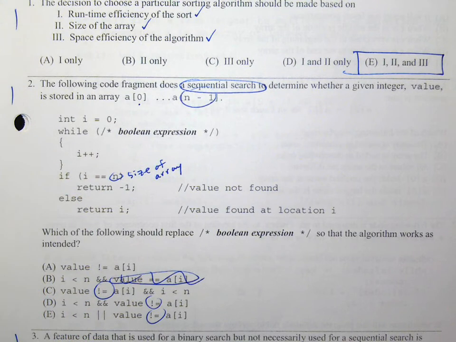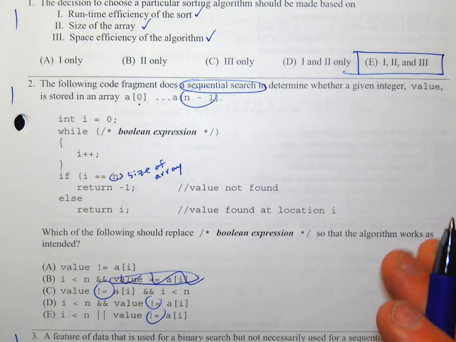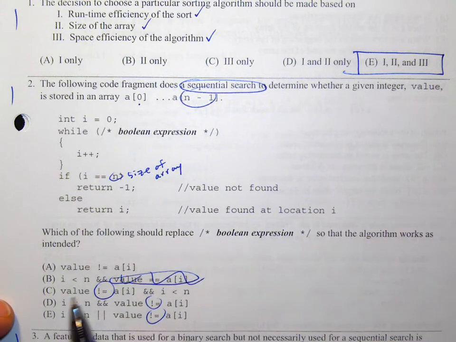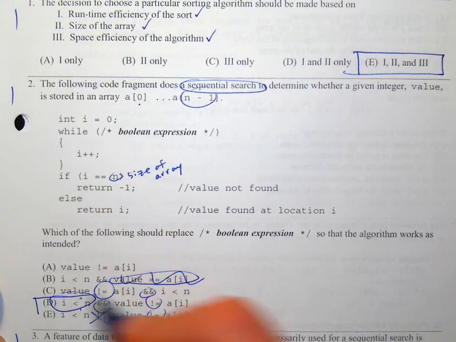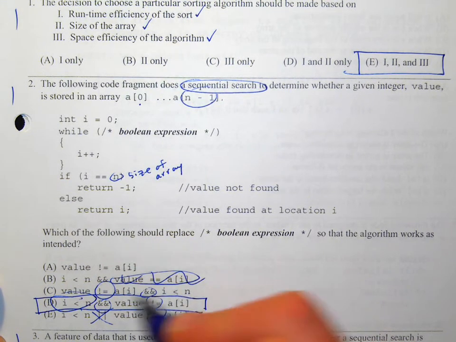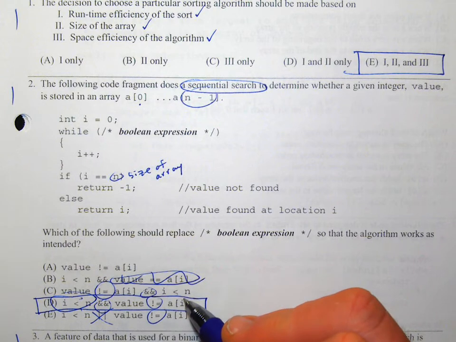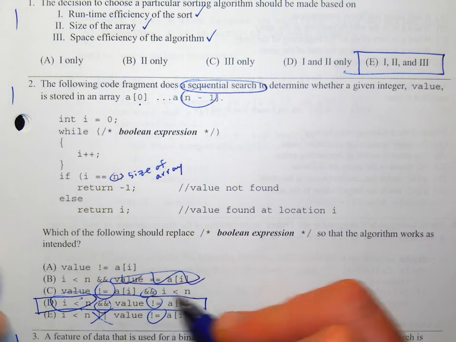The other thing you've got to watch out for is array index out of bounds, which is going to happen unless you put some check to make sure you haven't gotten to the end of the array. Can we check before or after? Does it make a difference? It needs to be an and, so definitely not or. But we need to check before, because if we check after, then we're going to try to access that spot in the array before we check to see if we're still within the size of the array, and we're going to get the index out of bounds.